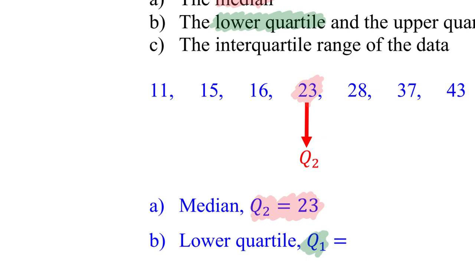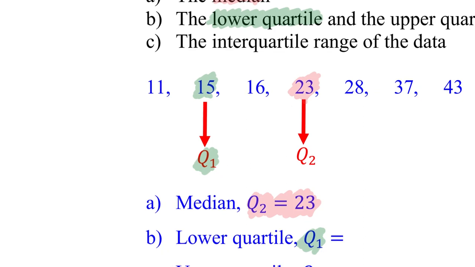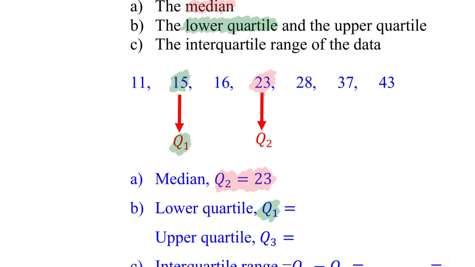Very good. 15. 15 is at the center of these 3 data, and therefore 15 will be my lower quartile. Okay, so that will be my Q1.